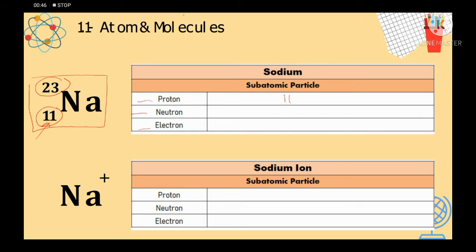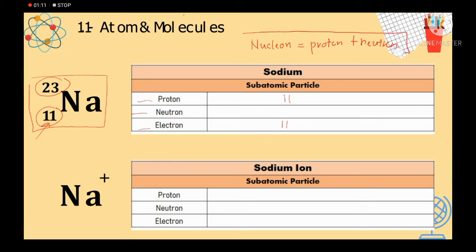Because this is a neutral atom, the number of proton should be equal to the number of electron. So the number of electron is also 11. And how about the neutron number? You should remember, we recap again: nucleon is equal to proton plus neutron.